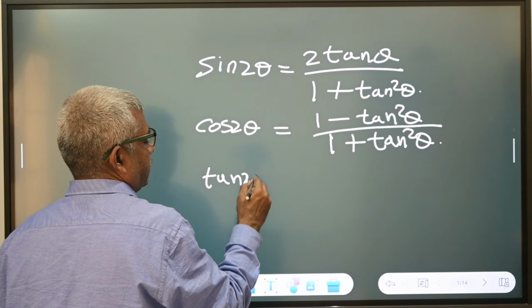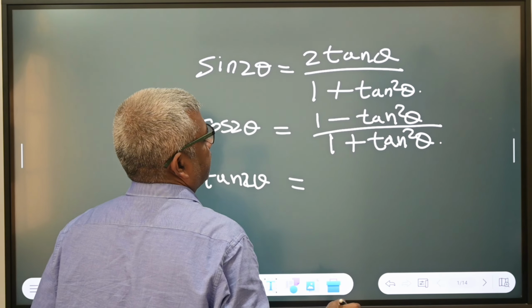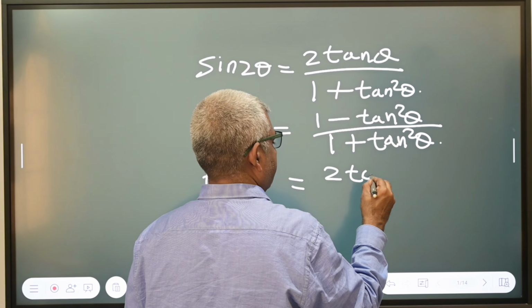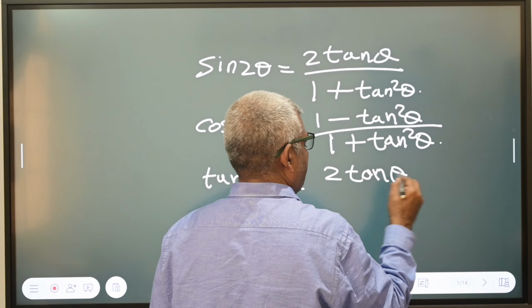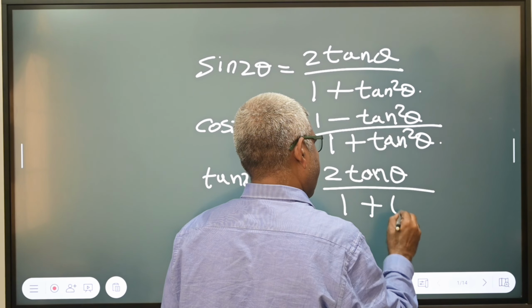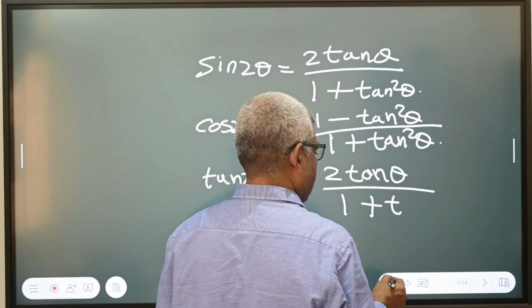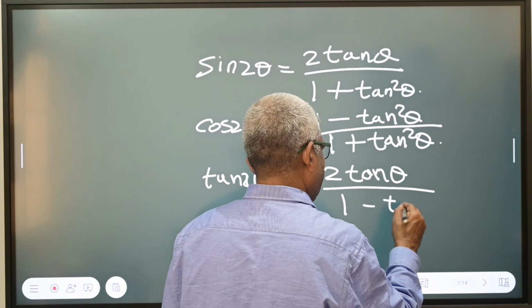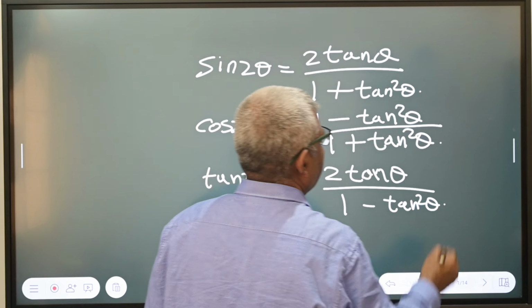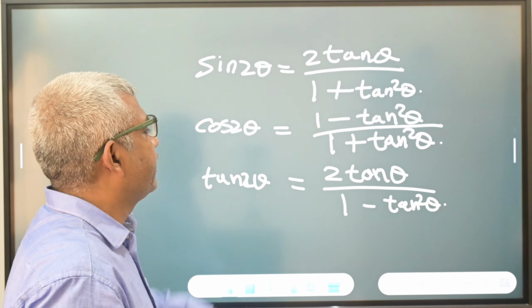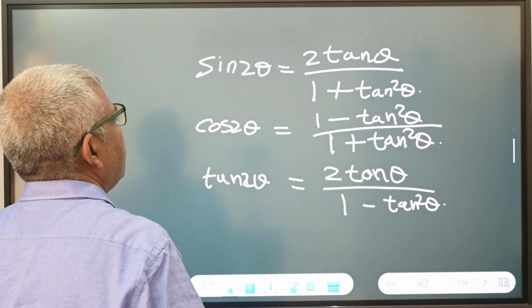Cos 2 theta is 1 minus tan square theta over 1 plus tan square theta. Tan 2 theta is 2 tan theta over 1 minus tan square theta. Sometimes we will put minus, sometimes we will put plus here. You will get confused.